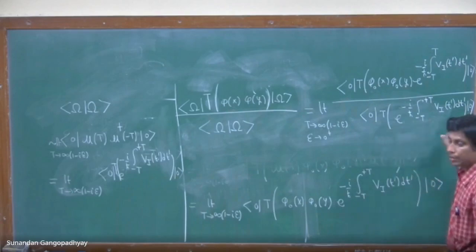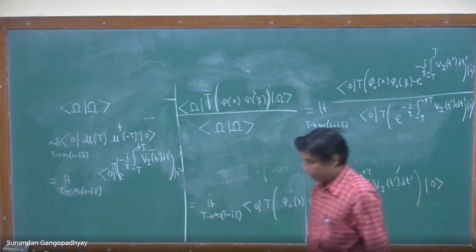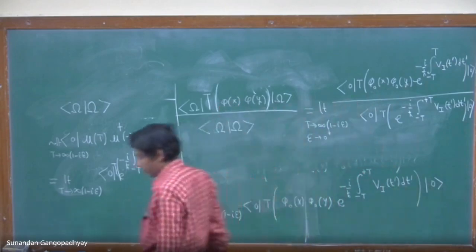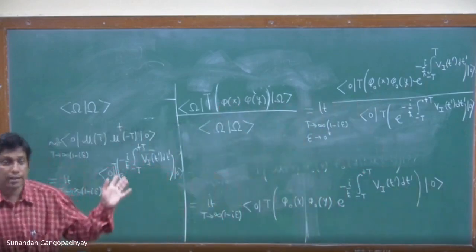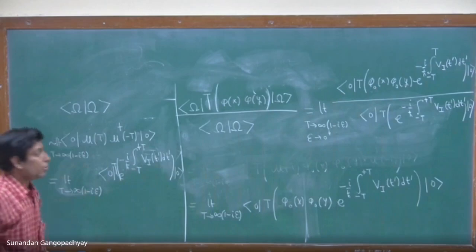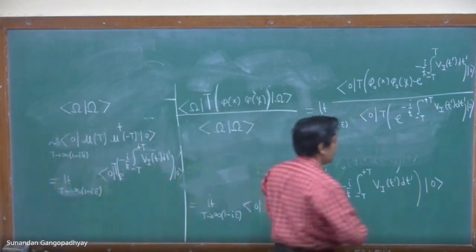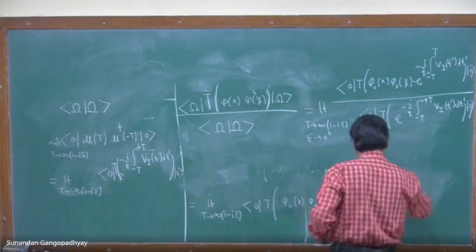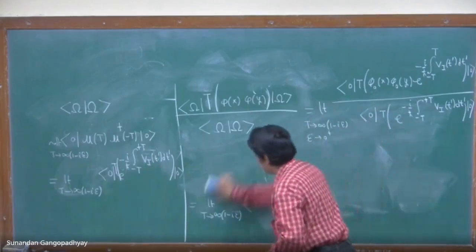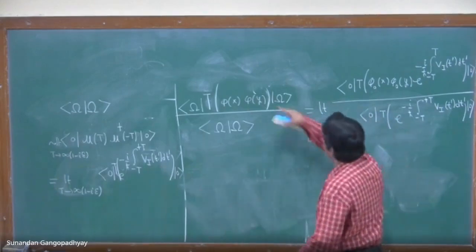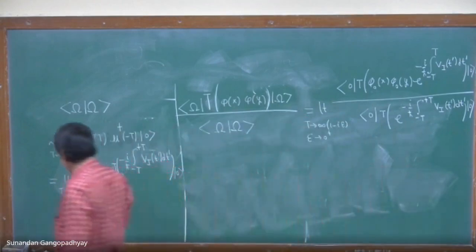The right hand side, everything is known, so you can in principle calculate this. So this is a very important formula. This is a machine by which you can calculate quantities like this for an interacting theory.